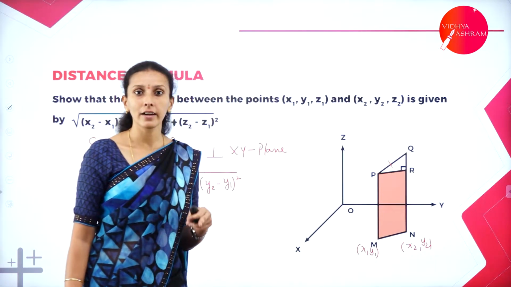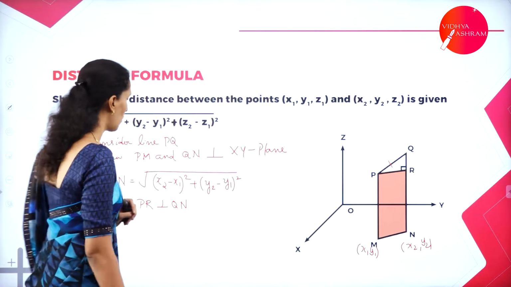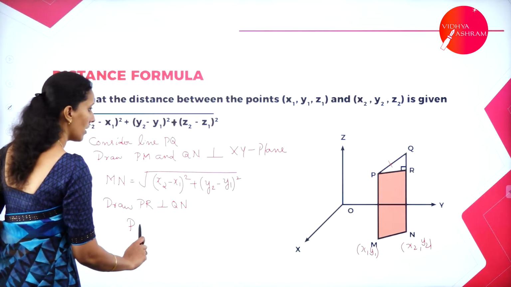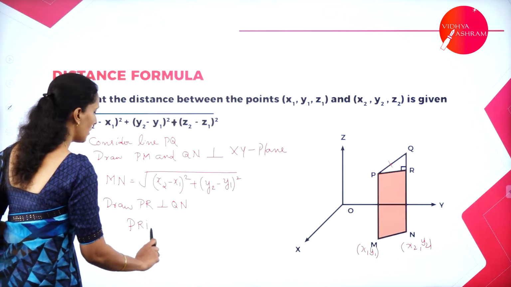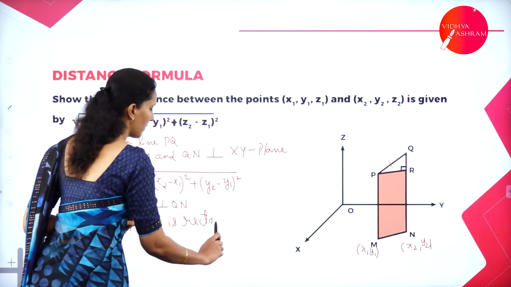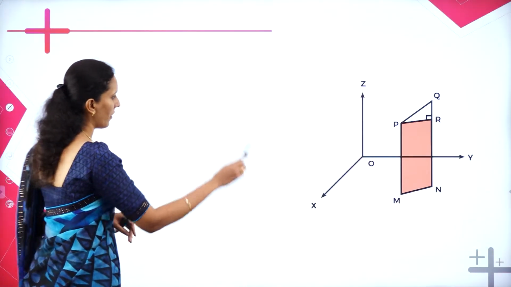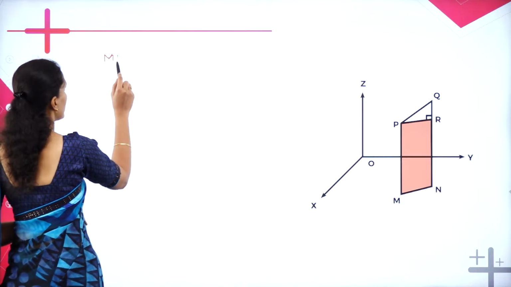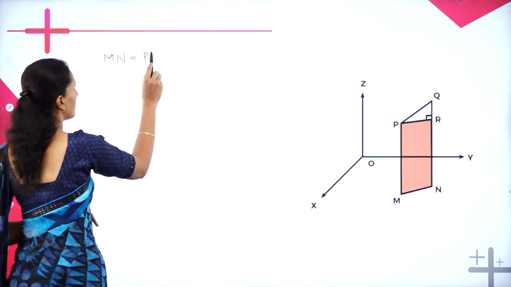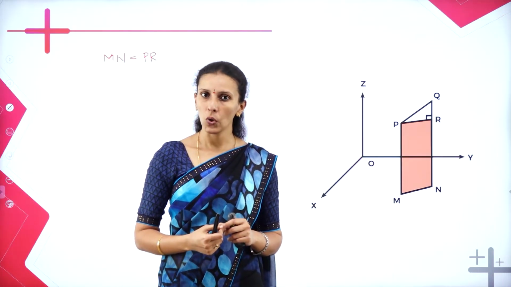They are opposite sides of the rectangle, so we can write MN is equal to PR, whose value is the square root of x2 minus x1 whole square plus y2 minus y1 whole square.